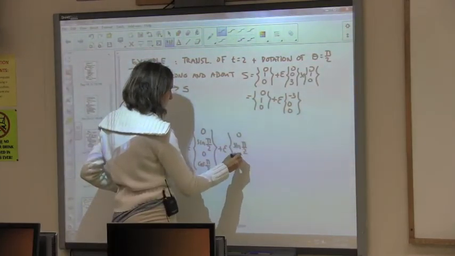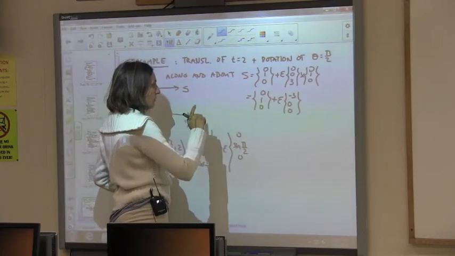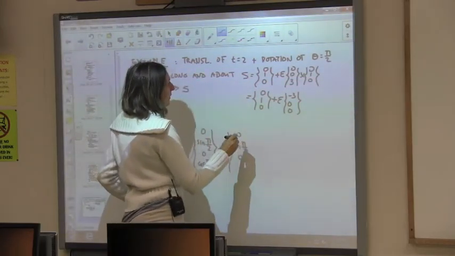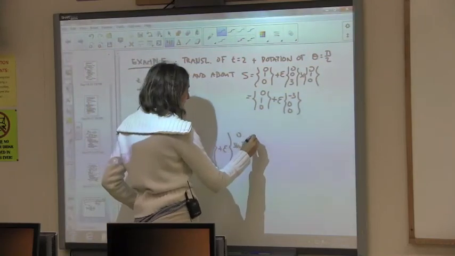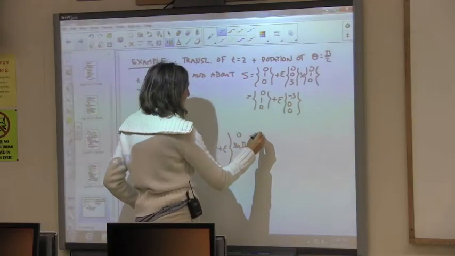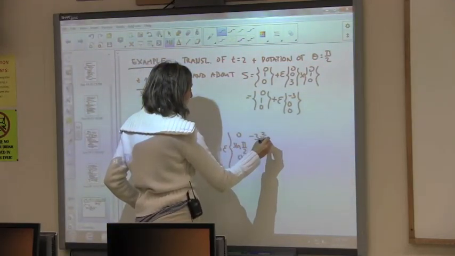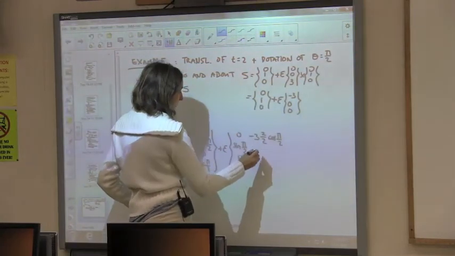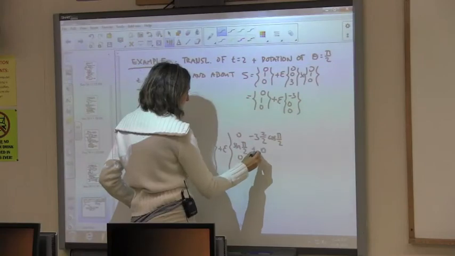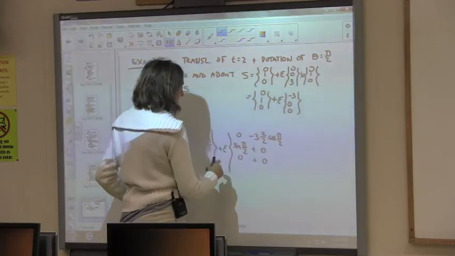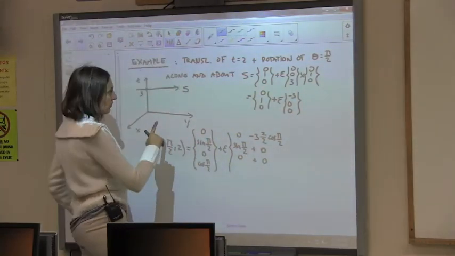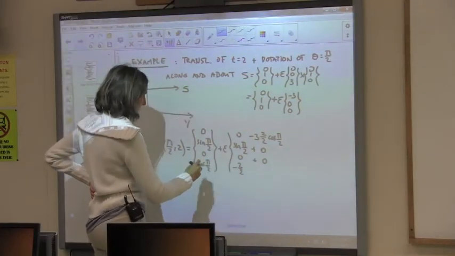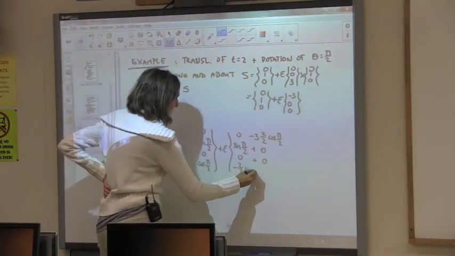You have your expression in front of you, so you can do it, plus t over 2 times the cosine of the angle times s0, minus 3, 2 over 2, cosine pi over 2, plus 0, and then at the bottom minus t over 2, minus 2 divided by 2, sine pi over 2.